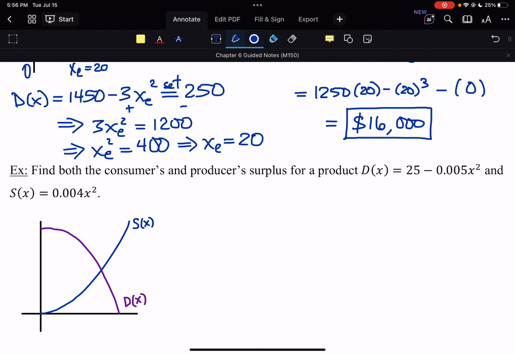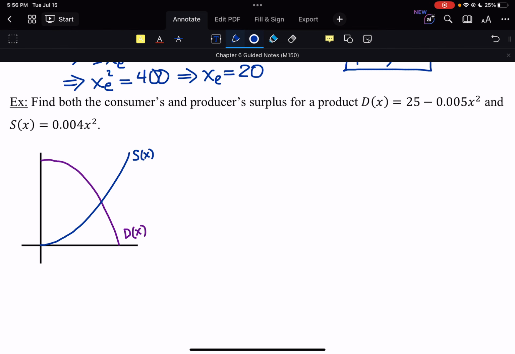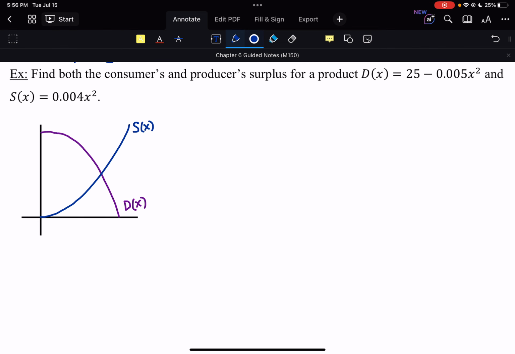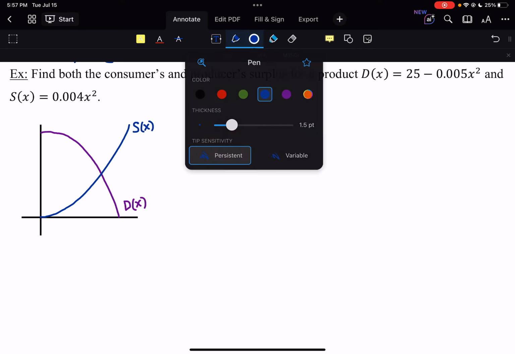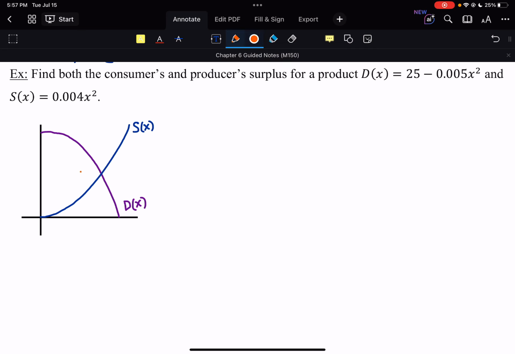Right. So let's take a look at another example. Find both the consumer's and producer's surplus for a product with the given demand and supply equations. All right, so our equilibrium point is right here.